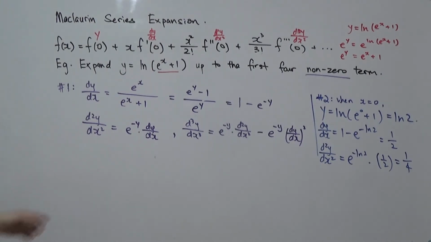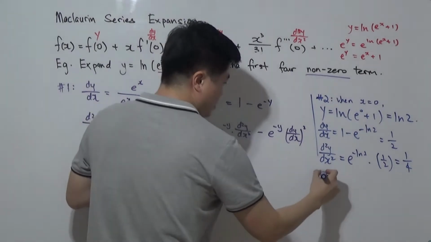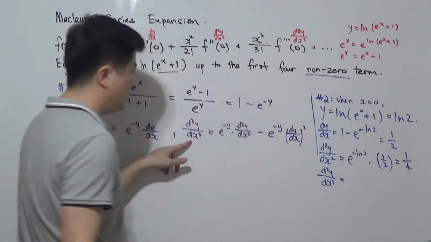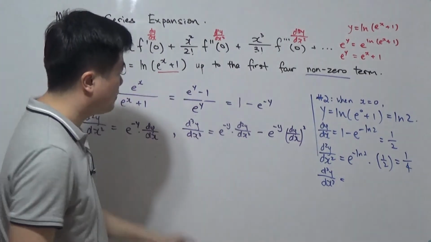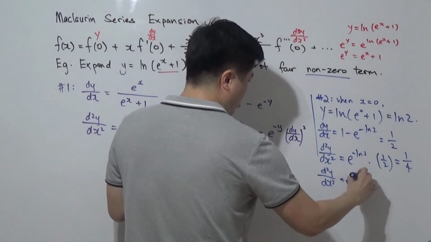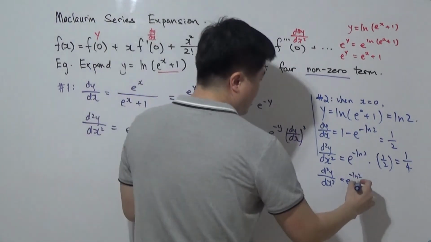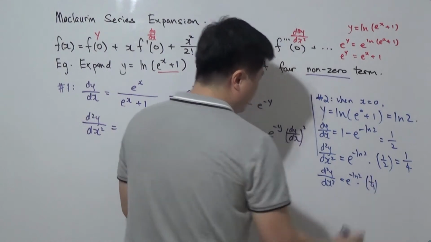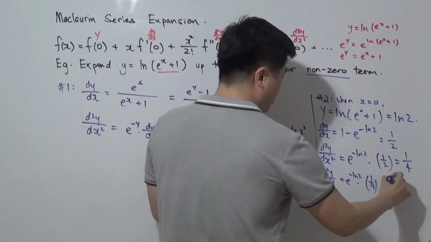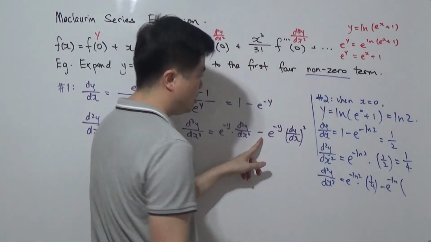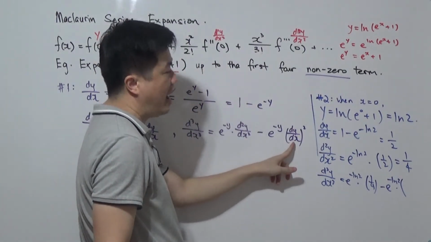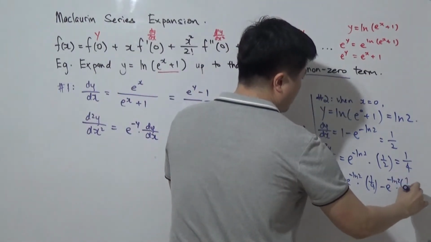Great. Now we still have one more, which is d3y/dx cubed. For this one, it's a little bit longer. We have e to the minus ln 2, times d2y/dx squared, which is 1/4, minus e to the minus ln 2, and then minus ln 2, and after that, multiply that by half, since dy/dx is half, squared.